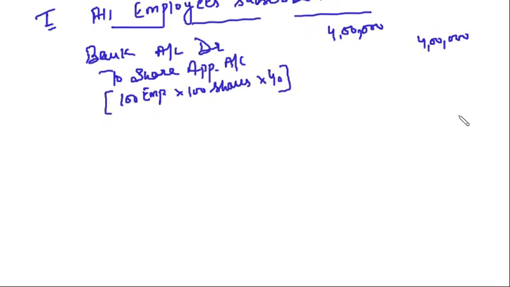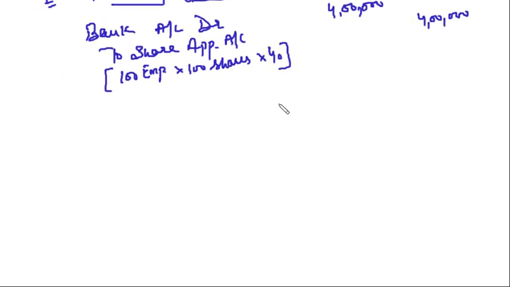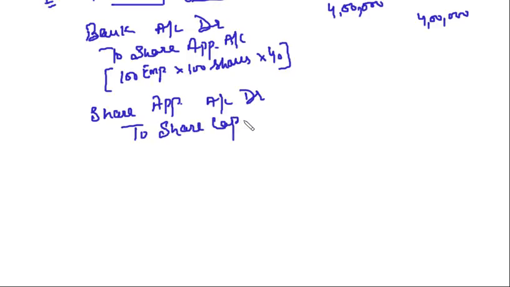Then what will be the entry when the shares are allotted? Share application account debit to share capital account, right? This is 4 lakh, but in the share capital, what will you take?